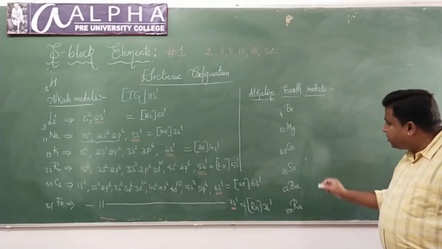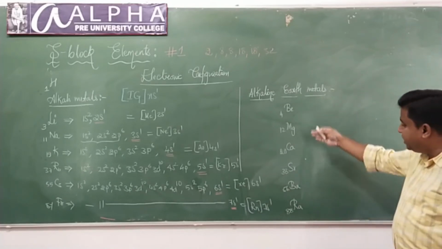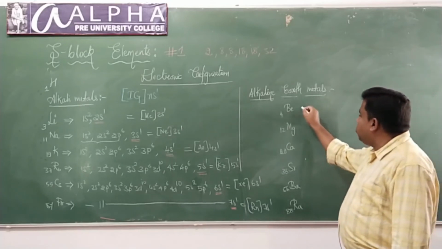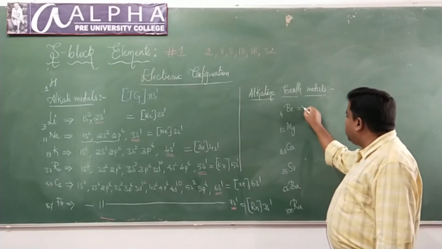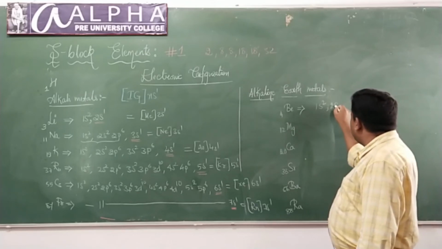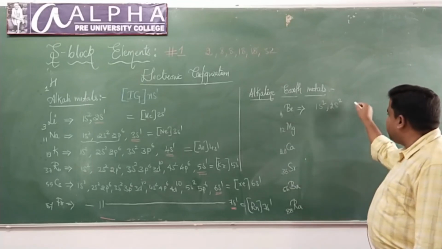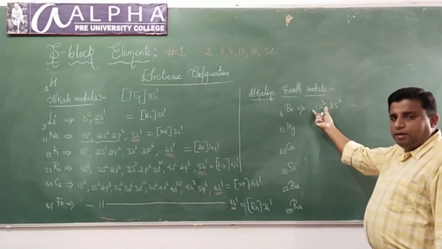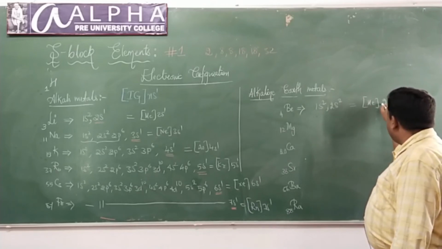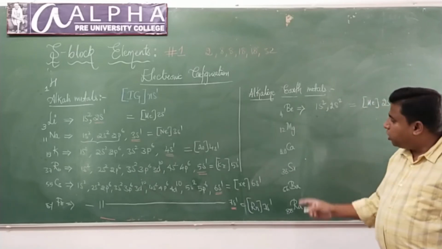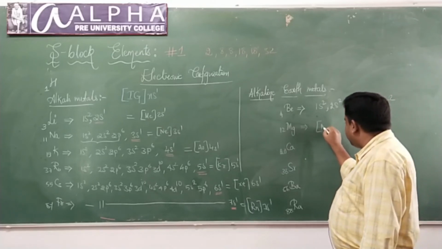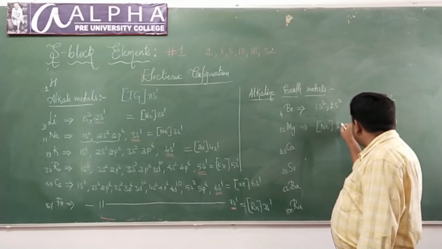Now, if you start writing the electronic configuration of these elements, what is this going to be? For beryllium it is 1s2, 2s2. This is nothing but helium, so helium configuration into 2s2. For magnesium, neon configuration 3s2.